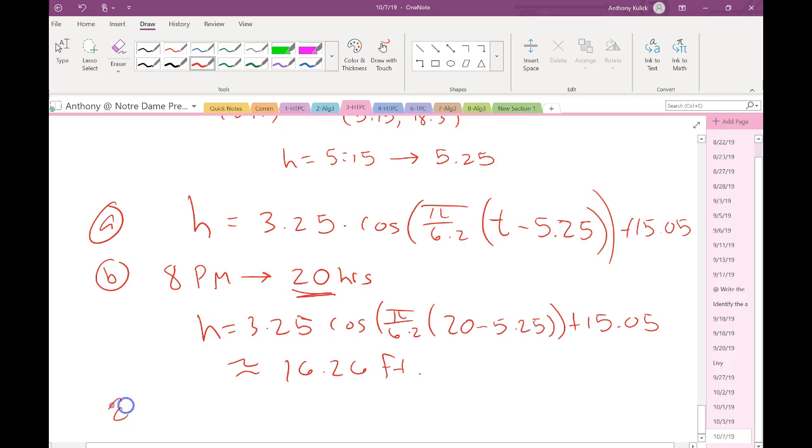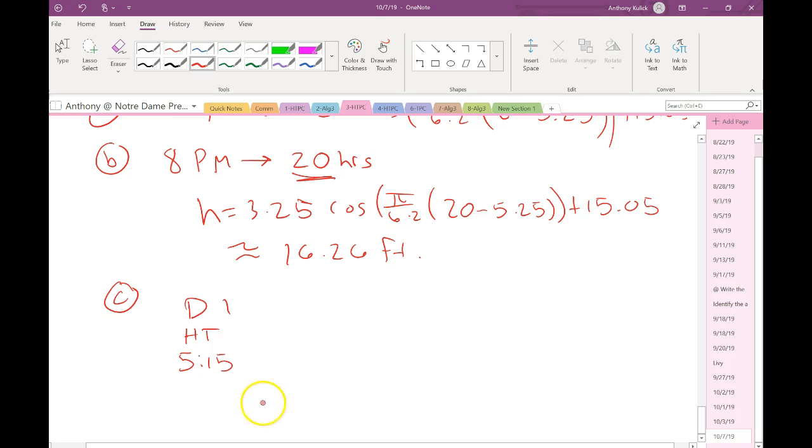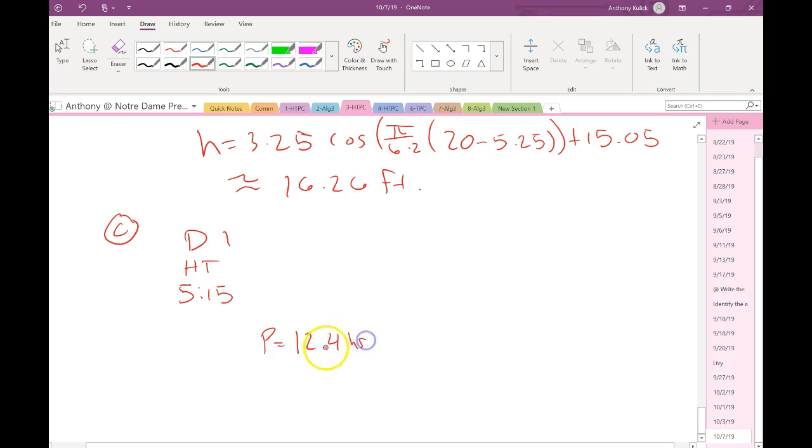Part C says, when will the first high tide occur the following day? So on day 1, I have high tide at 5:15. Right? We're told that in the problem. I know that the period is 12.4 hours long, and 12.4 is really 12 hours and 24 minutes. .4 times 60 is 24.